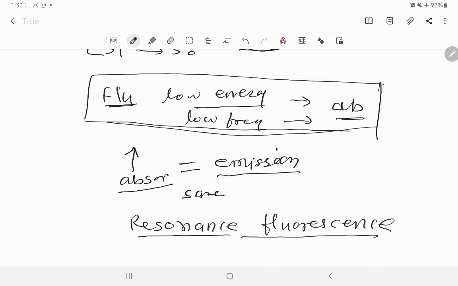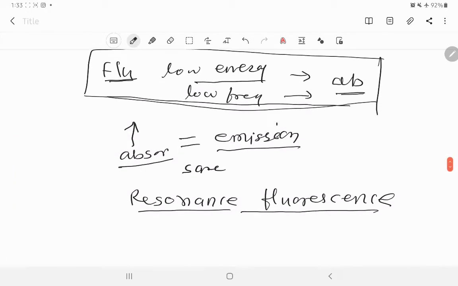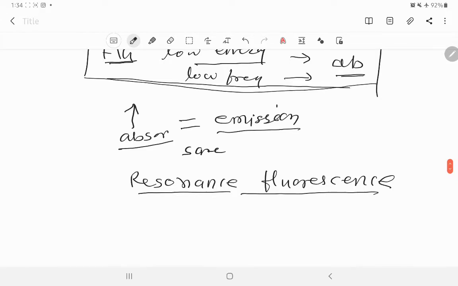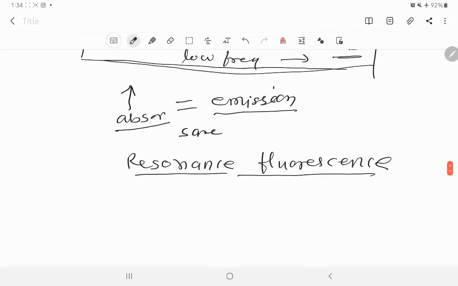If both have the same energy and the same frequency, it is called resonance fluorescence. But generally fluorescence lies in the longer wavelength, lower frequency region. The intensity of fluorescence emission depends on the intensity of incident light. As the intensity of incident light increases, fluorescent emission also increases.